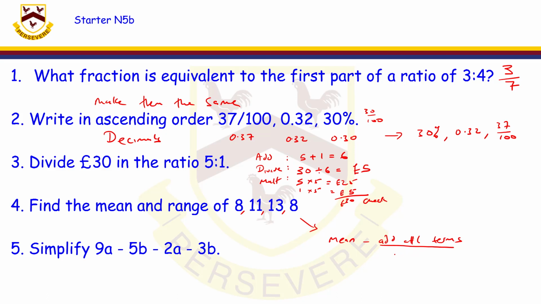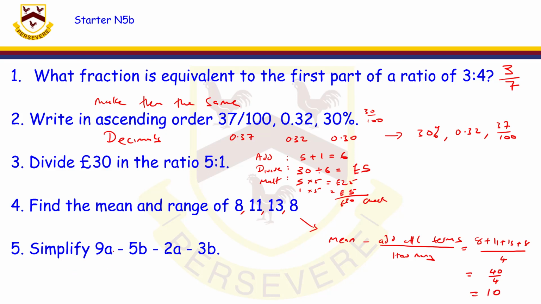Divide by how many there are. So I've got to do 8 plus 11 plus 13 plus another 8, all divided by 1, 2, 3, 4 terms. When I add them together, I get 19 plus 21, so that gives me 40, divided by 4, and that gives me 10.